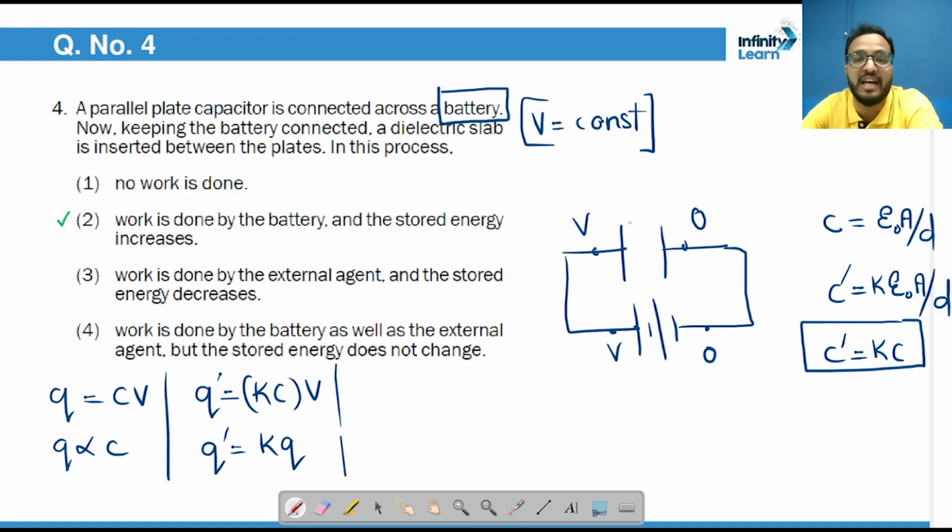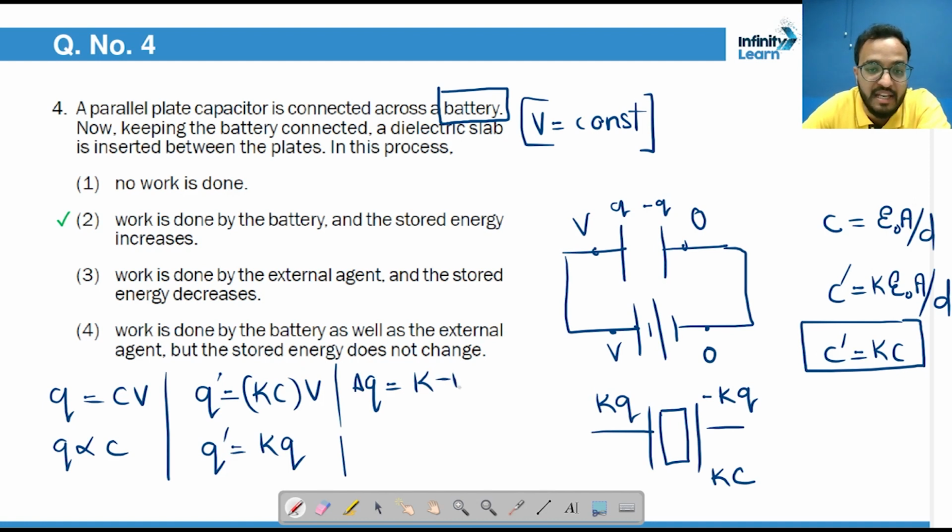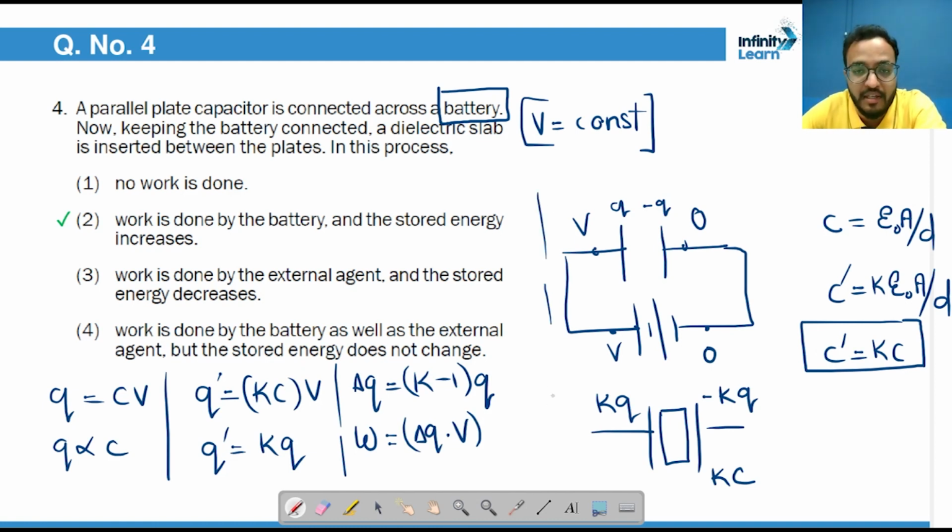So initially the charge was Q in the capacitor, and after insertion of the dielectric, the capacitance becomes KC and the charge becomes KQ. That means the battery has to supply an extra amount of charge. How much is that? K minus 1 into Q. Are you understanding? So if the battery has to supply extra charge, then work is done by the battery, delta Q into V. So this is the whole concept of this particular question.